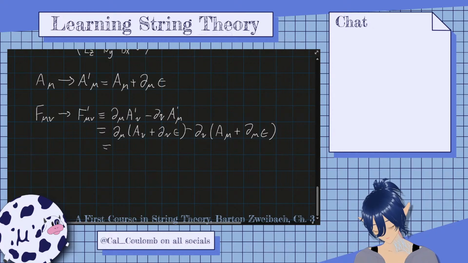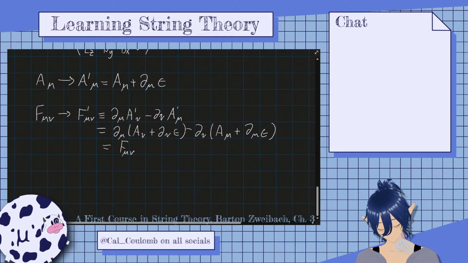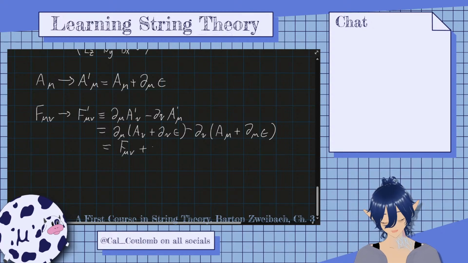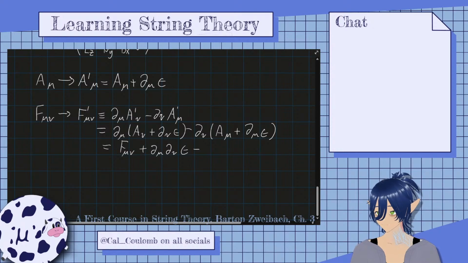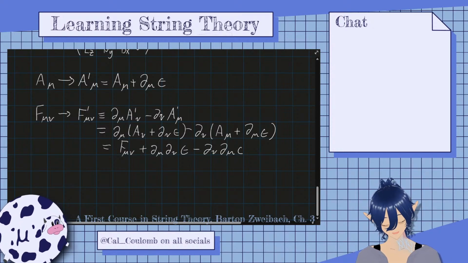And so we can look, this term right here and this term right here give us the original field strength tensor F mu nu, and then we have plus partial mu partial nu epsilon minus partial nu partial mu epsilon.